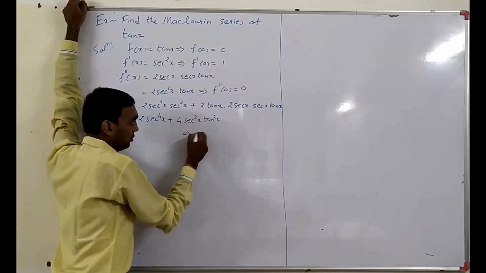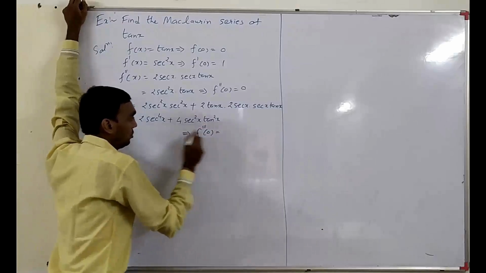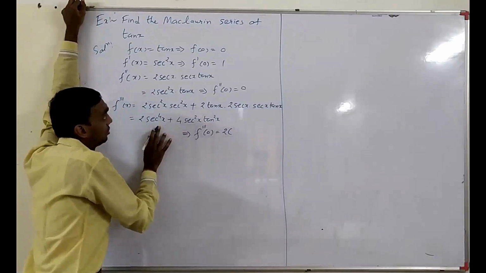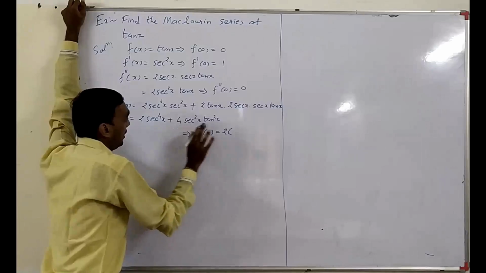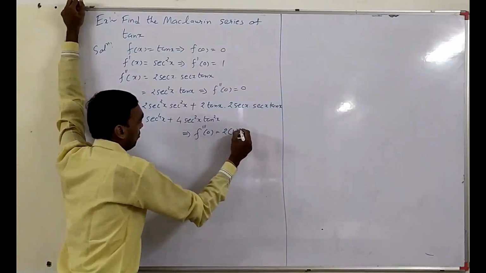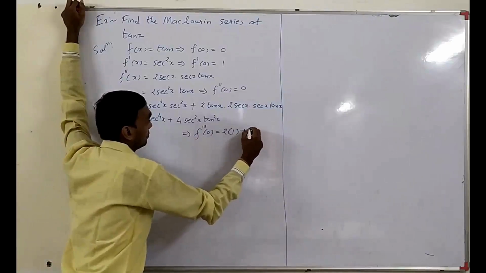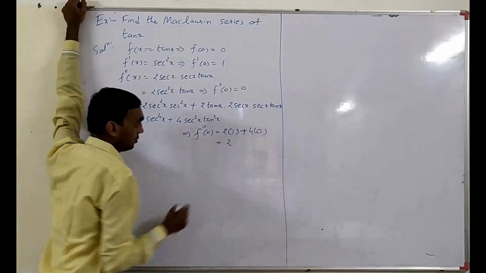And that will give you f'''(0) is equal to 2 into sec 0, that will be 1, plus 4 into 0. So the answer will be 2.